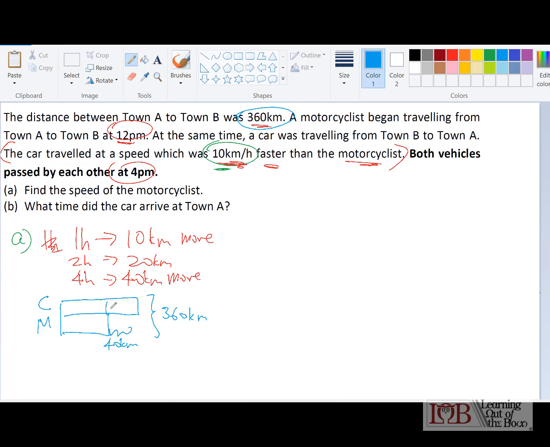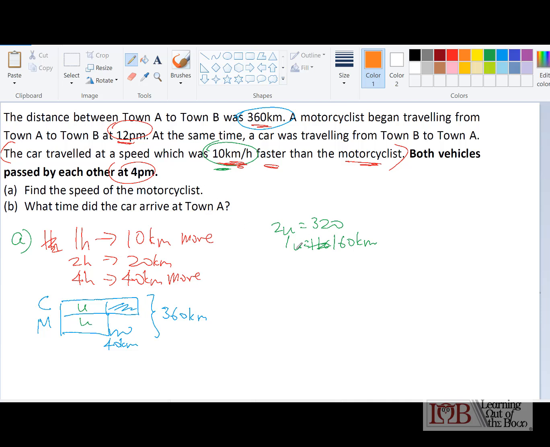So if you take this away, you know that this 2U is actually 320 and 1U is 160. Okay, 160 km.